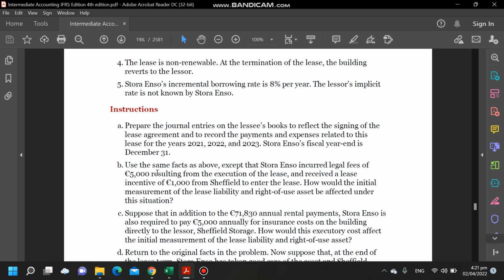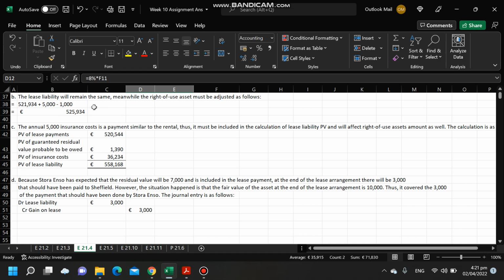So this is the initial direct cost that can affect the right of use asset amount. For the lease liability itself, it will be the same. Only the right of use asset must be adjusted. So we take the lease liability as the base, plus the initial direct cost, and then minus the incentive.